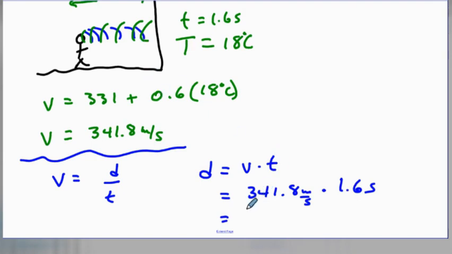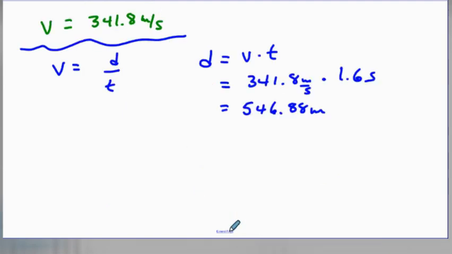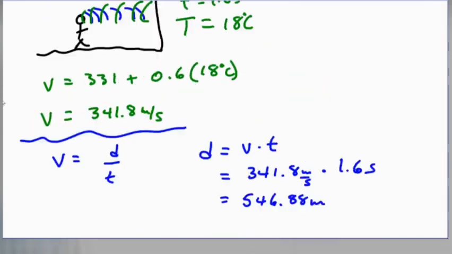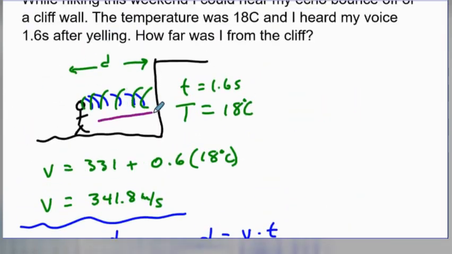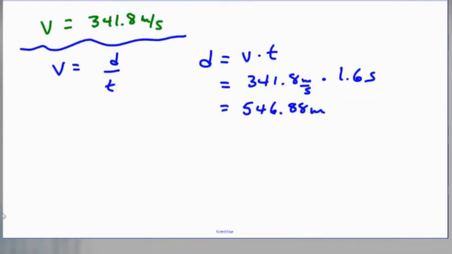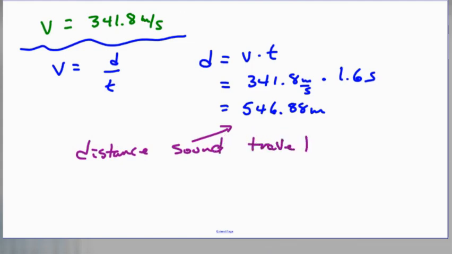And we're going to see that the sound traveled a distance of 546.88 meters. But we're not done. Don't be confused. Why not? Well, what we have to remember is that the sound traveled from me to the wall and back again. So the distance the sound traveled was 546 meters.